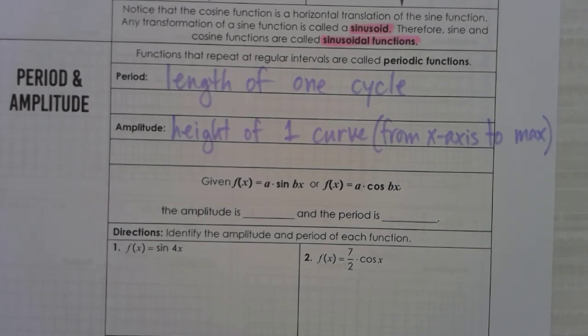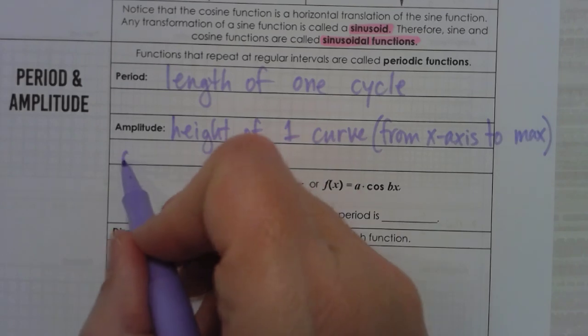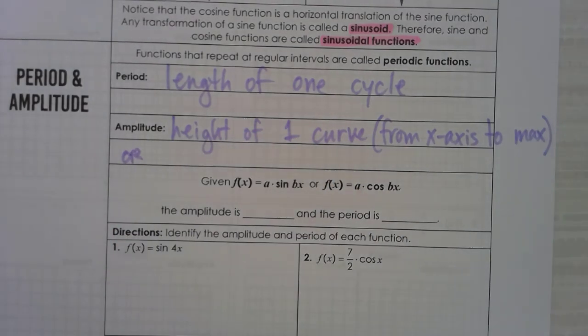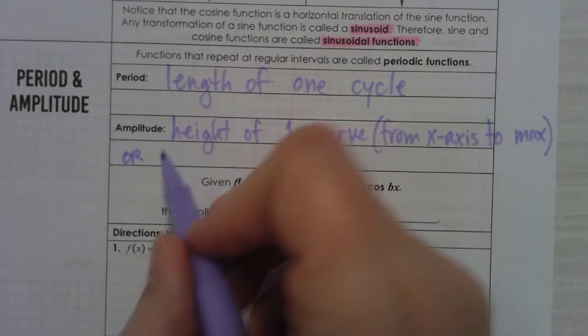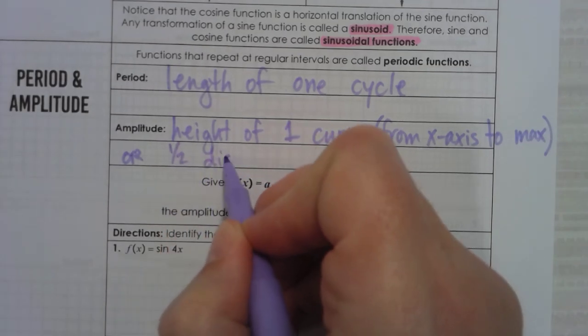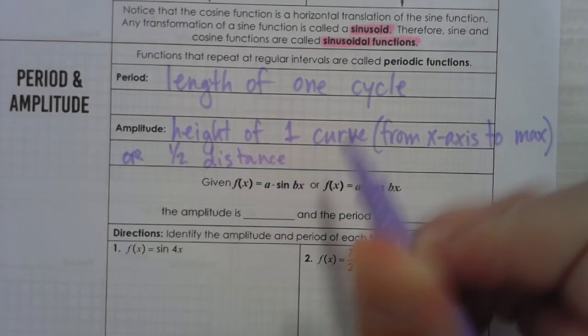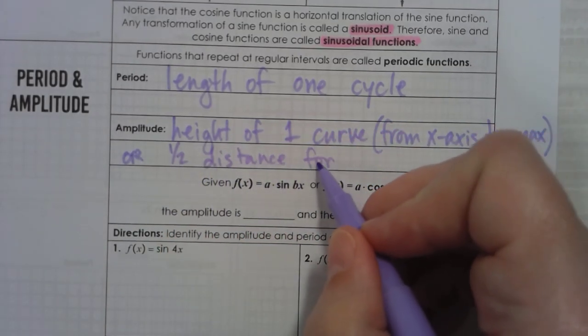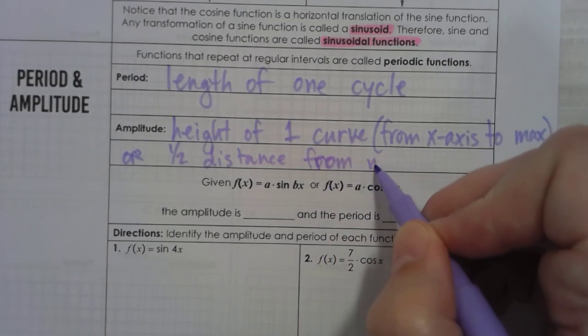It is also half the distance between the highest point and the lowest point, right? So if you knew where your highest point and your lowest points were, you could just cut that in half and you would find that value. So it could be found either way if you already have the graph drawn. Half distance from max to min.